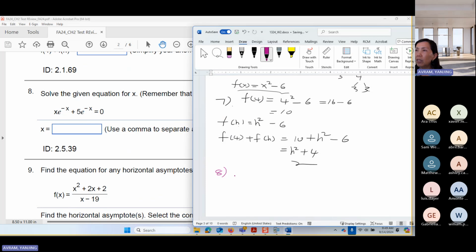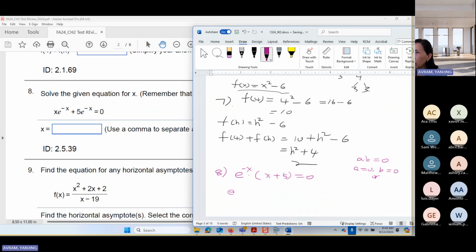We have e to the negative x, factor it out. Common factor, we take it out, right? And then we're going to have x plus 5 equal to 0. All right, so if you have two factors multiplied, if you have a times b equal to 0, the only thing you need is for one of the factors to be 0. Either a equals 0 or b equals 0. Okay, so this is multiplication.